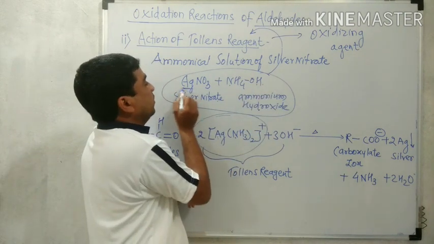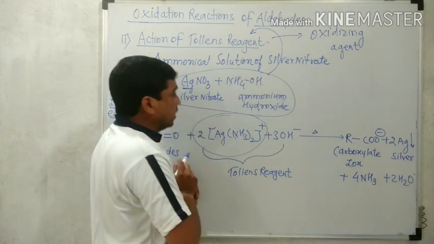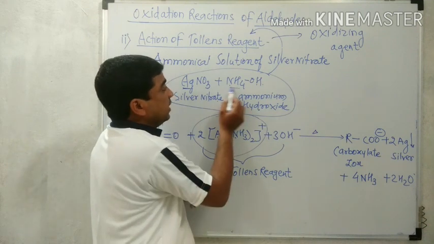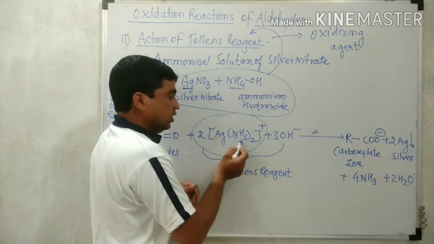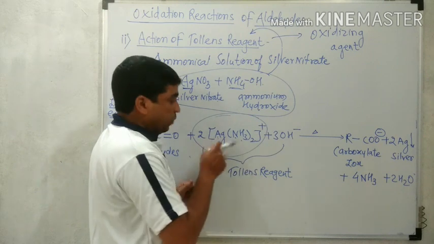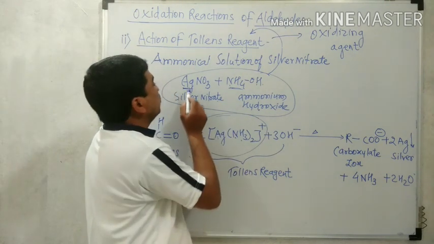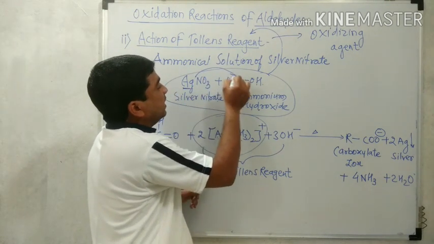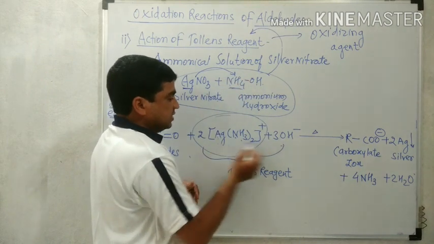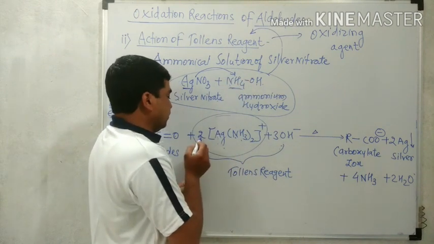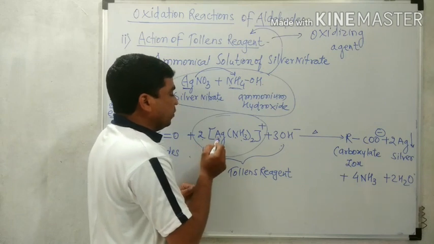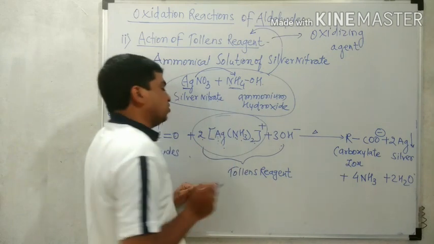Here the silver atom comes from silver nitrate, and here is the NH4 ion, so the NH3 groups can be obtained from NH4. So when AgNO3 is added in NH4OH, these ions are formed, firstly two molecules of the [Ag(NH3)2]+ complex.